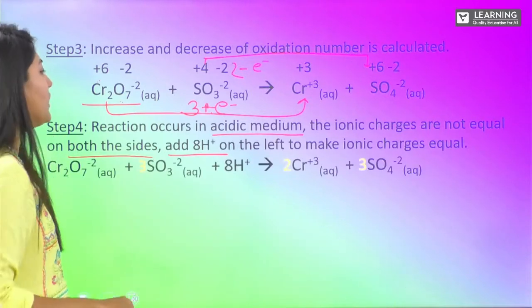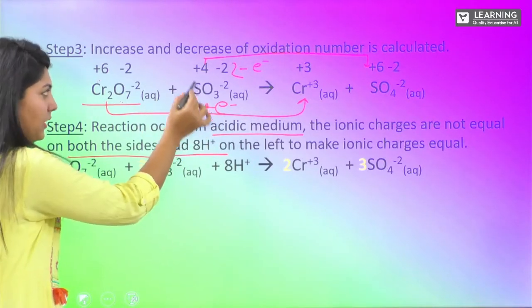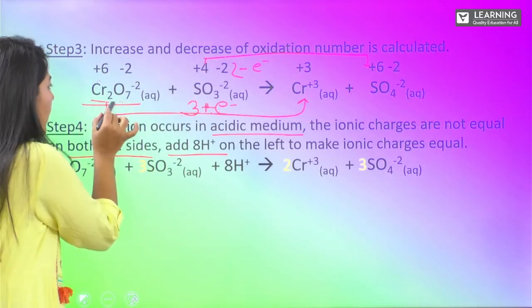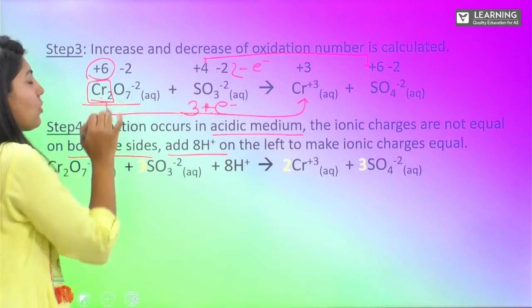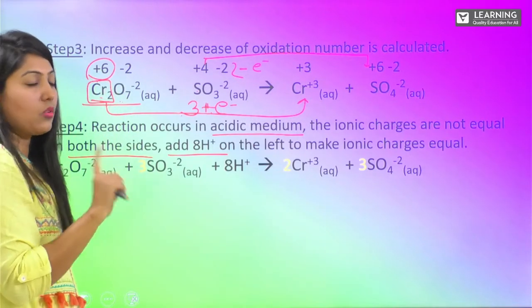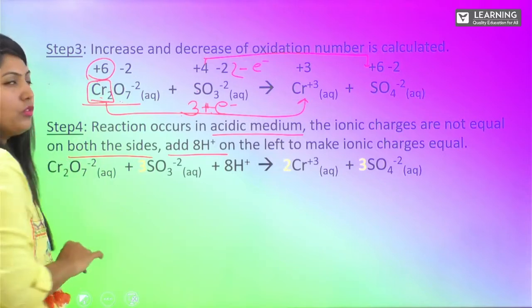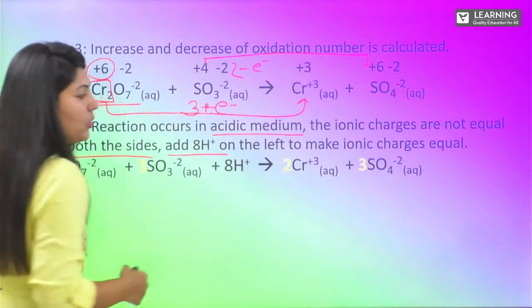That is what we are doing here. We are multiplying 3 for sulfur, 2 for chromium. You need to remember, students, 2 atoms of chromium are already here, but this +6 is only for one chromium atom. So we don't multiply 2 for this chromium in the dichromate. Instead, we multiply it for the chromium here.